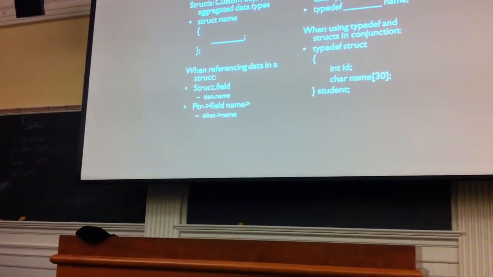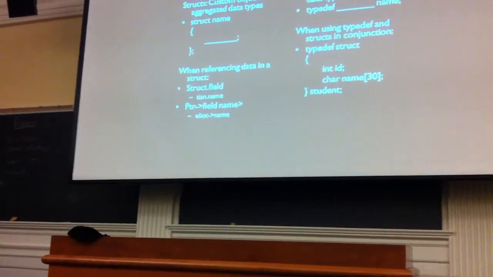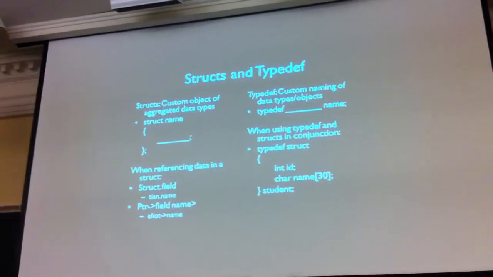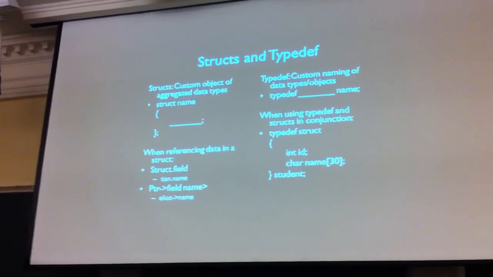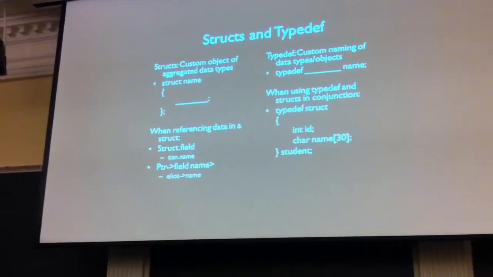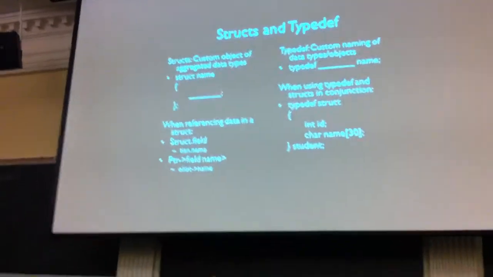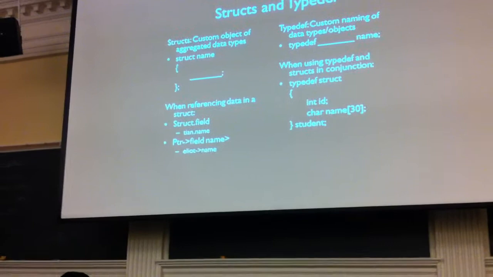So going along the eclectic theme of my section, structs and typedef. Structs are custom objects of aggregated data types. So you can have a structure that includes many things. Typically, the example that we see in class is a struct of a student. You have the ID, you have their name, you have all the information you want to know about the person. The format of the struct is you write the word struct, you write the name of whatever you want to call this grouping, this object, and then you put all the stuff that you want inside, all the declarations.